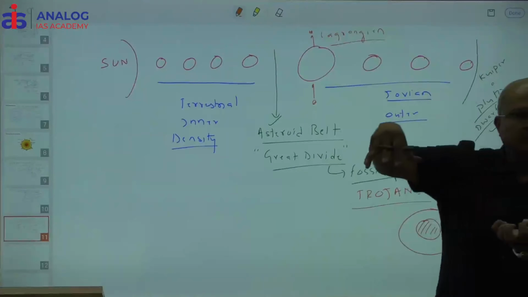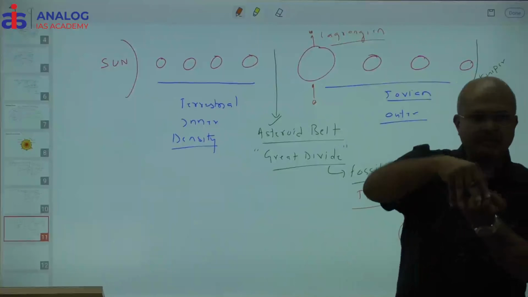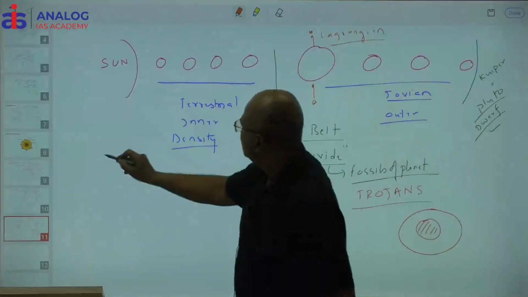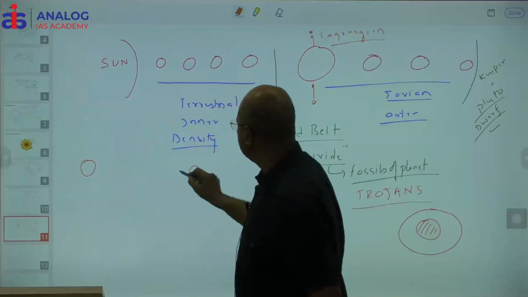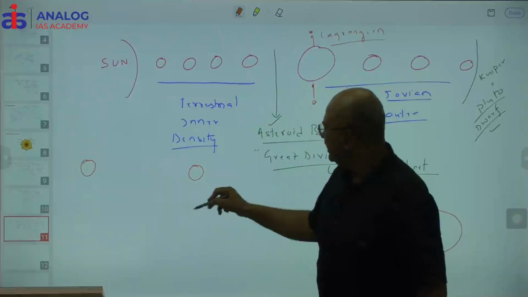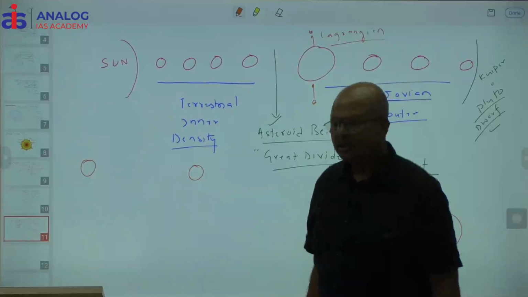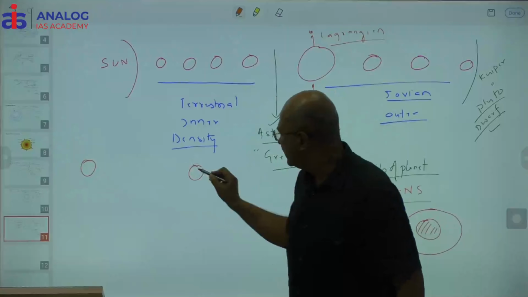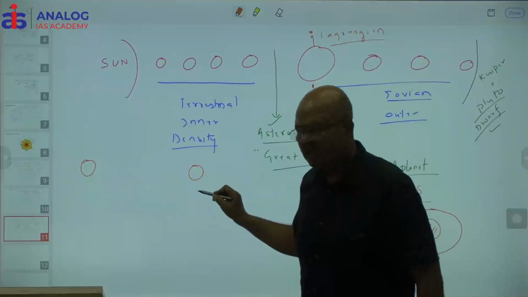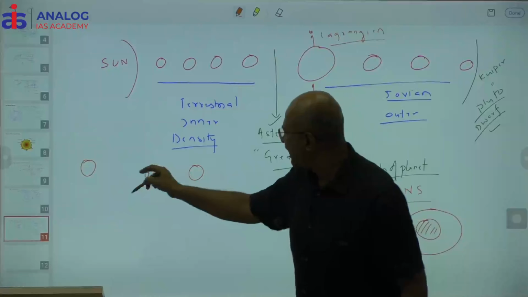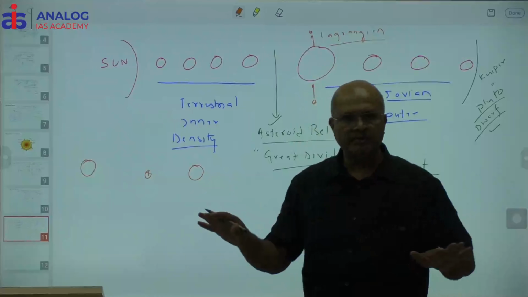Lagrangian means a balancing point. You have the Earth and the Sun, two objects. Now, to place anything, you have to check the gravitational pull of these two. You can keep an object in between and balance it without force.